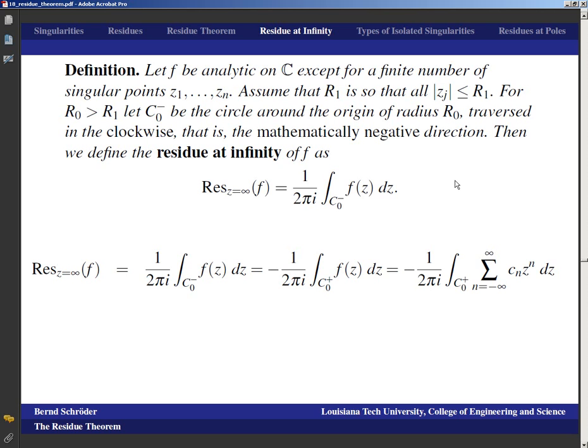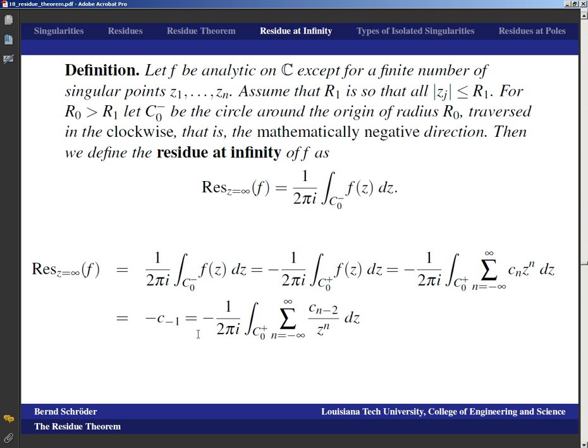In particular, it works on the complex numbers if we remove a whole disk. So that means this function still has a Laurent expansion, the sum from n equals negative infinity to infinity of c_n z to the n around the origin. And we know that that integral just ends up being negative c_(-1).